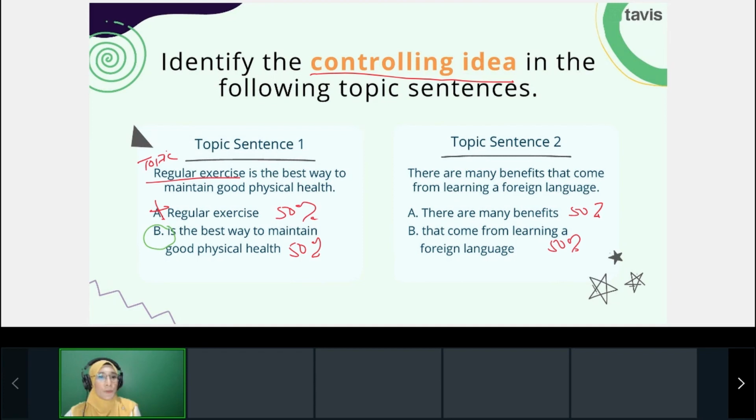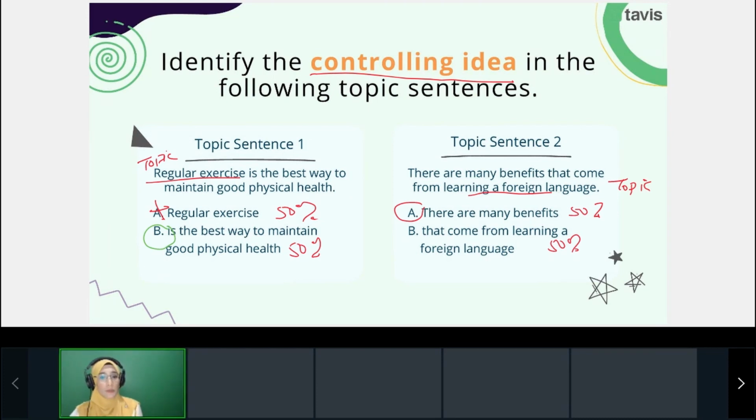Now, next one. Here, we now know that learning a foreign language is the topic, right? So definitely the answer would be that come from learning a language. Oh, no. The controlling idea is A. There are many benefits. We are introducing learning a foreign language as having many benefits.